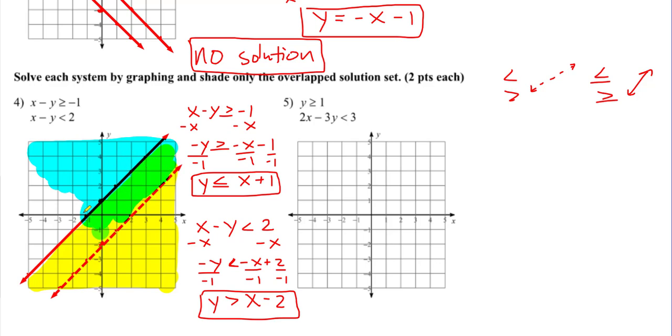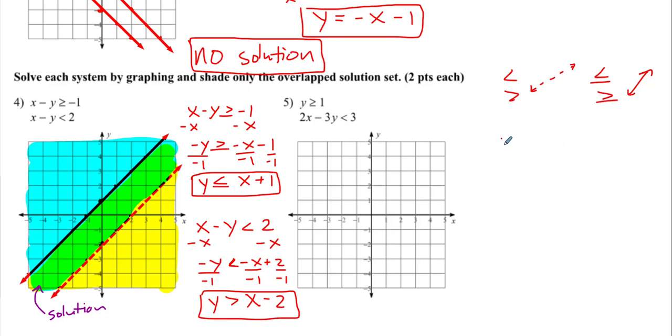So if you can see right now, I'm using blue, but where this blue crosses this yellow, it turns green. So that is my overlap. So my solution is only the overlap. So this is my solution right here. Okay, so make sure you are finding that overlap.